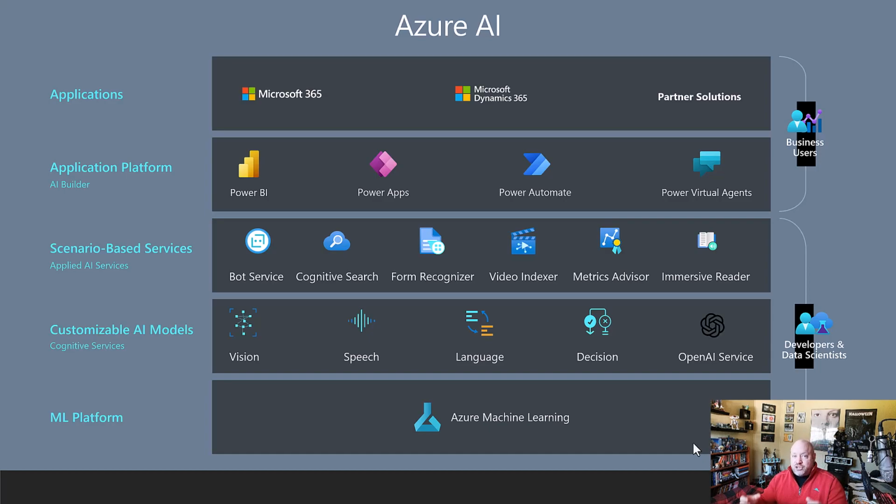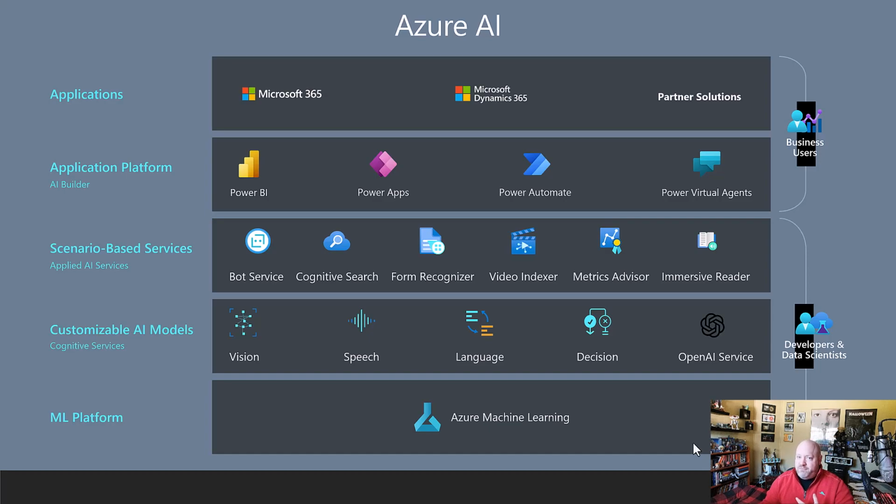Then we have the actual low-level AI models. They are all grouped together because there's a large list of them. There are about 6 different vision services. There are 2 or 3 different speech services. These are based on audio files primarily, or flipping back and forth between audio and text. There are about 8 or 9 different language services.